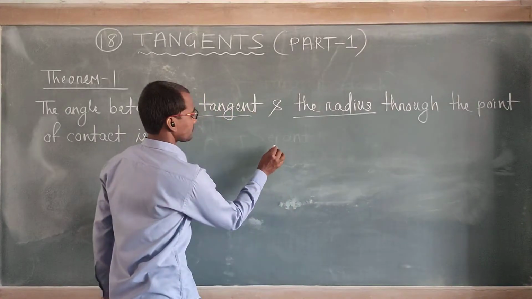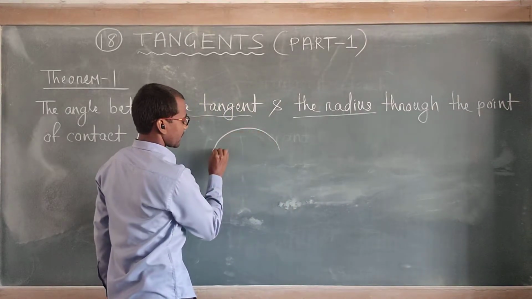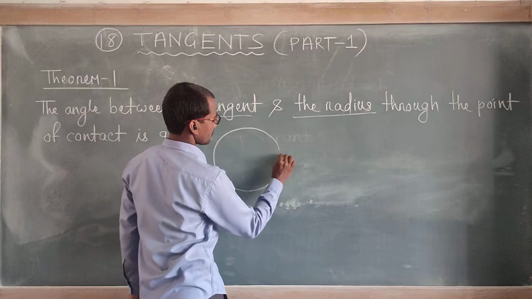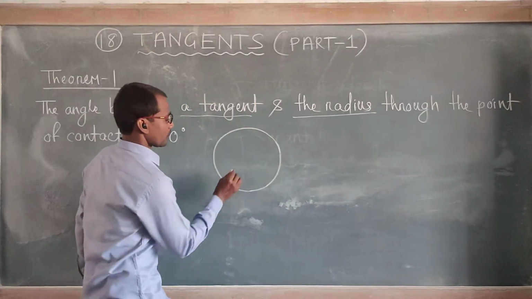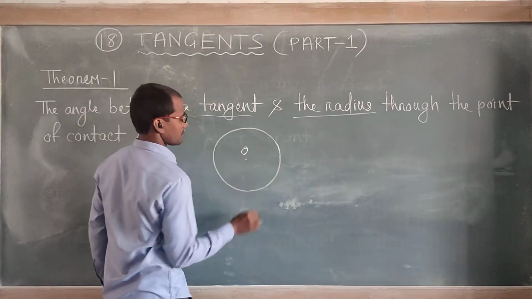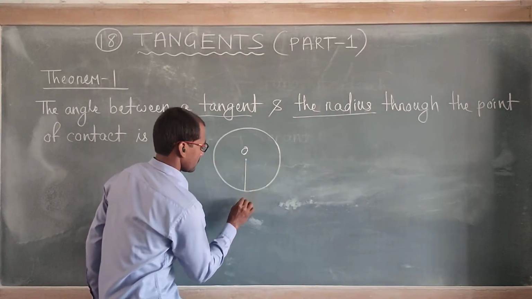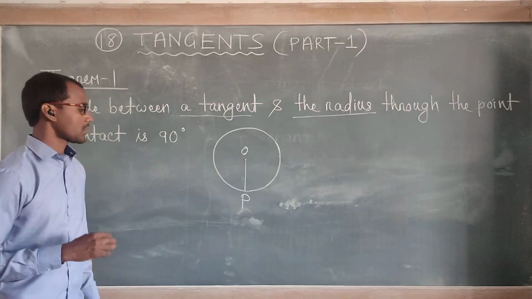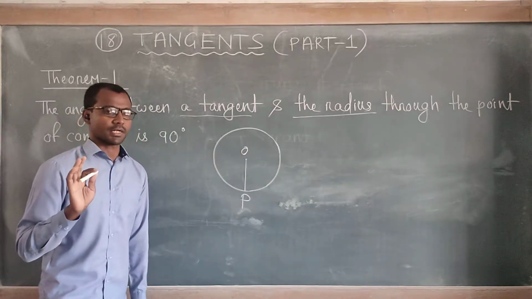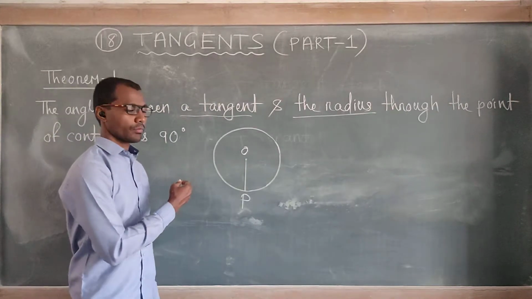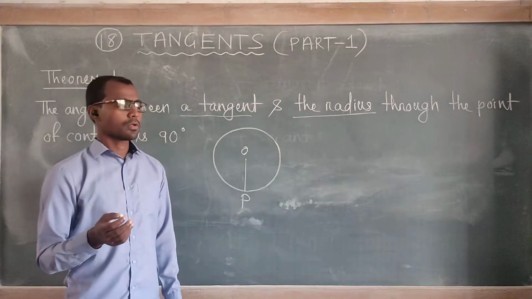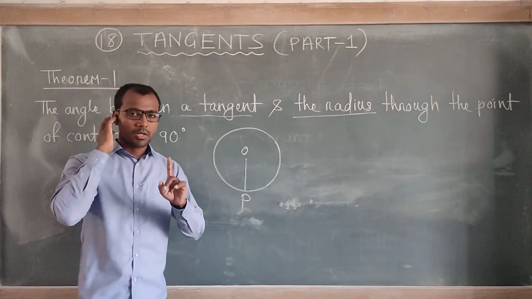That means if we have a circle like this, let O be the center. Let us draw a radius. Suppose OP is the radius. Now through P we will draw one tangent. A few minutes before I told you that through a point on the circumference we can draw only one tangent.